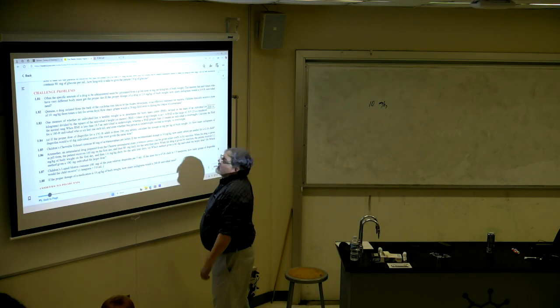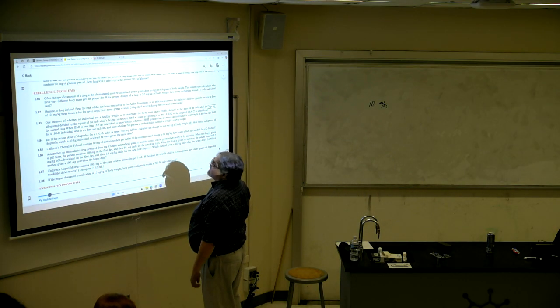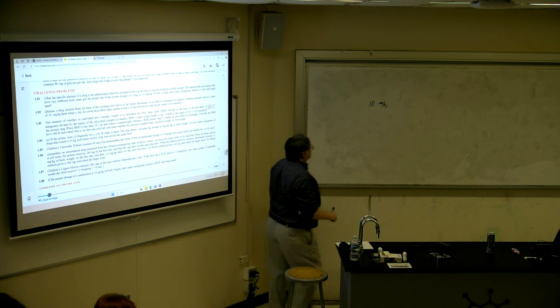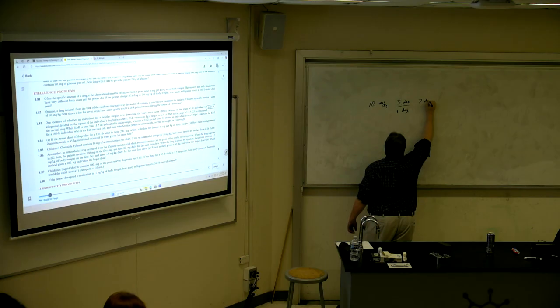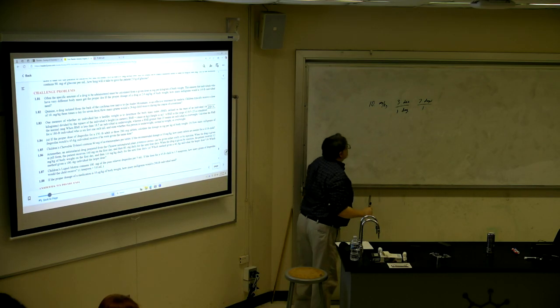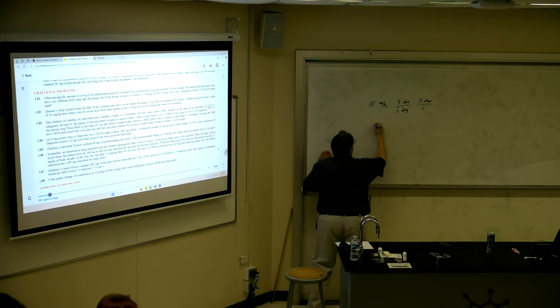That's milligrams per kilogram of the patient. 3 times a day for 7 days. The formal way to set this up.